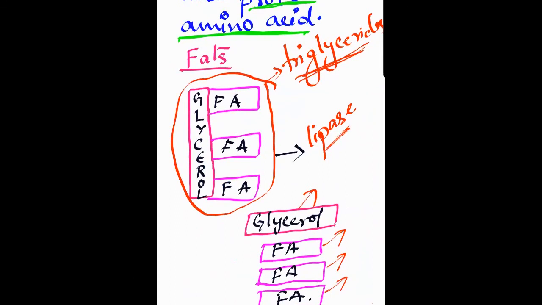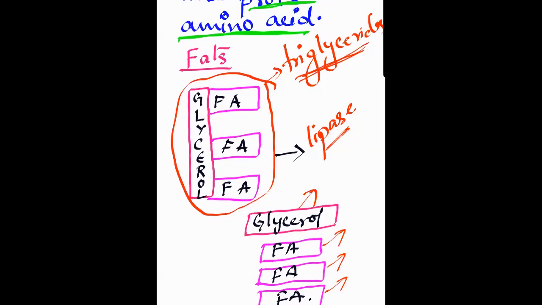Any doubt? Yes, Ritika, what is your doubt? Yes, the intestine will also produce enzymes and they will also digest. The stomach will also secrete enzymes and they will also digest. Shrutika asks if peristalsis only happens in the food pipe.